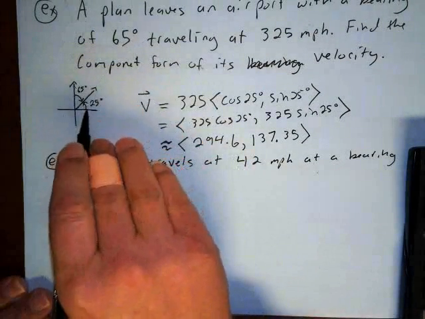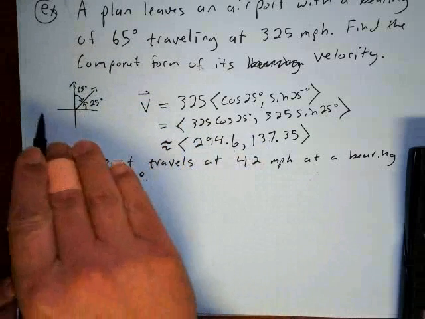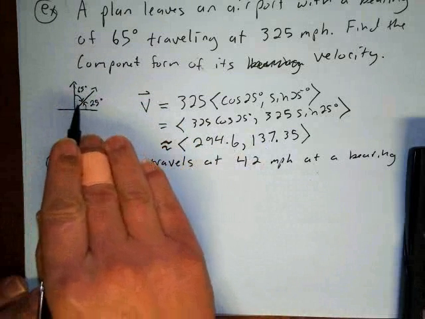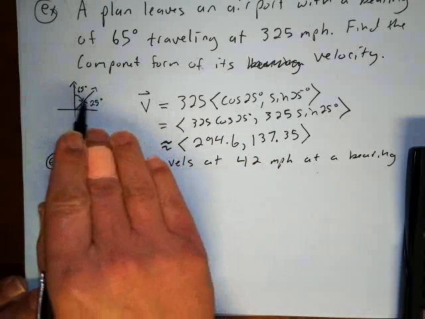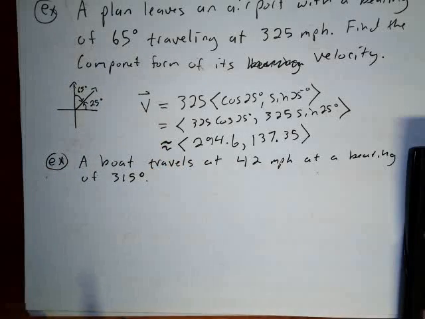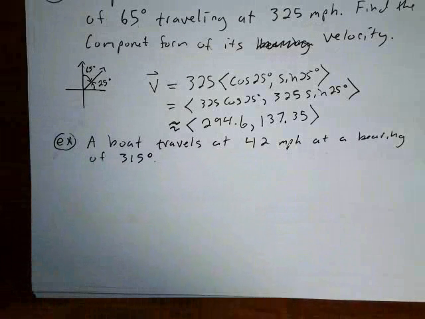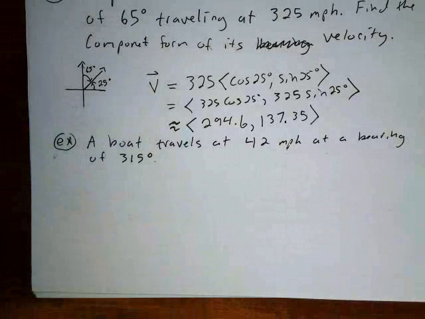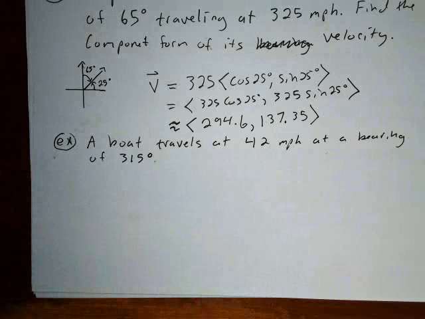This is 325, and it makes sense that the x-coordinate is way over here, and that the 25 degrees would be lower down here, and that's the y-coordinate. So it actually makes sense. So why don't you try this one here? You can hit pause, see if you can find the component form, and then resume the video and see how you did.